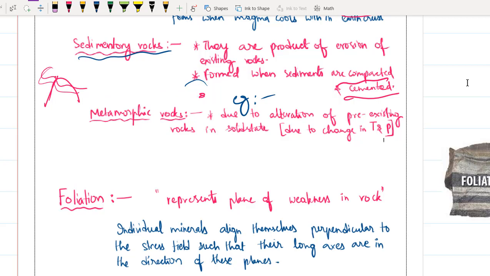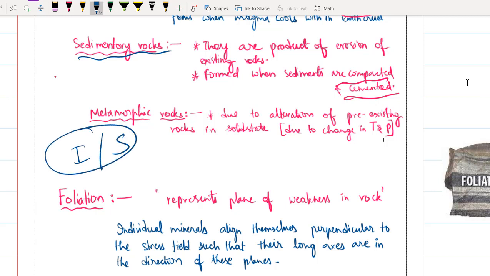And next is metamorphic rock. See, it could be our igneous rocks or sedimentary rocks. It doesn't matter. It will have certain structure, right? Crystal structure. Crystal का जो भी structure रहेगा, it will be fixed in this, right? But what is happening? If you are changing the properties, okay, if you are changing the temperature or pressure, ठीक है, if you are increasing the temperature or if you are increasing the pressure, then obviously this crystal structure will get modified.